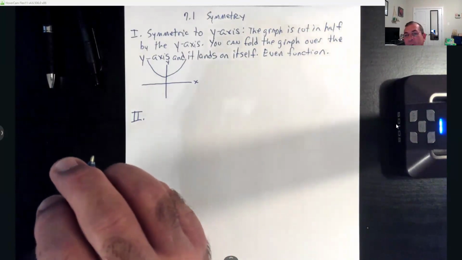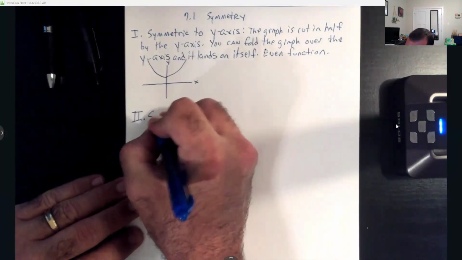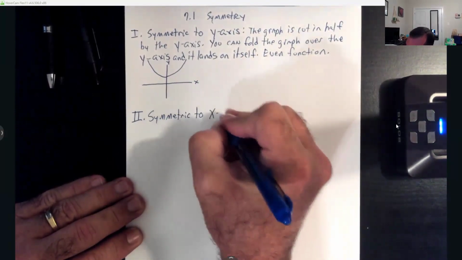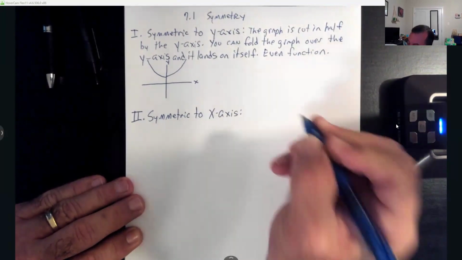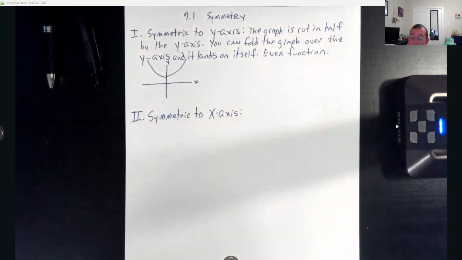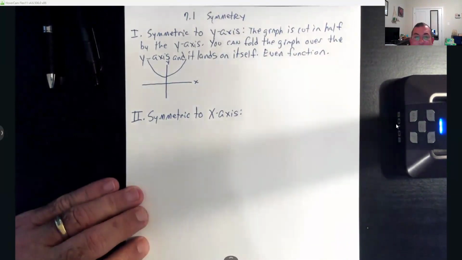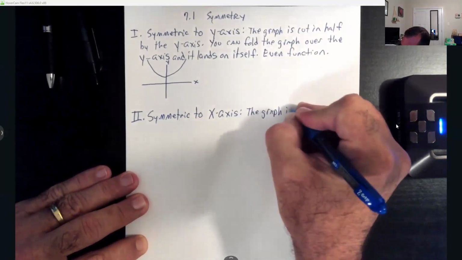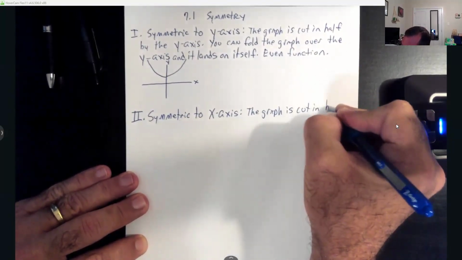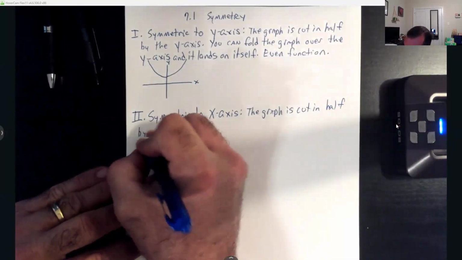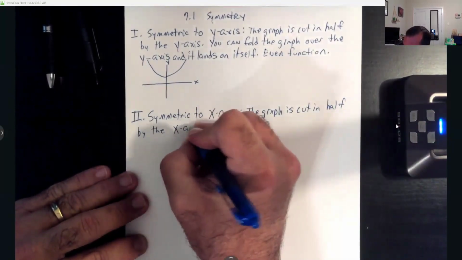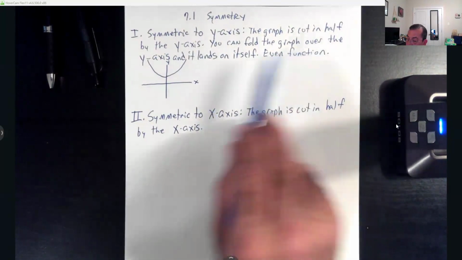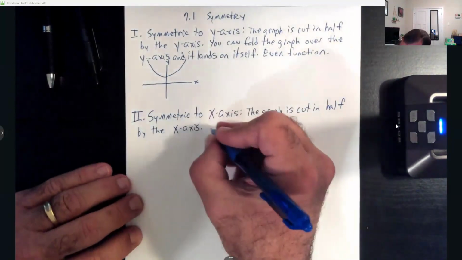Next, we got symmetric to the x-axis. So basically, it's the same thing. The graph is cut in half by the x-axis. Which means you can fold the graph over the x-axis and it lands on itself.